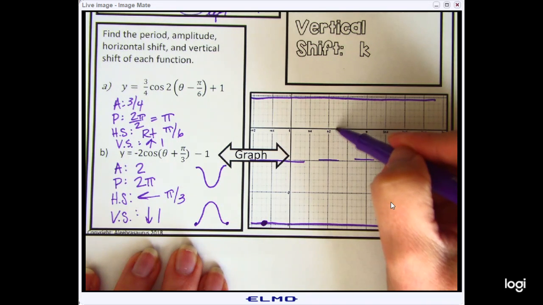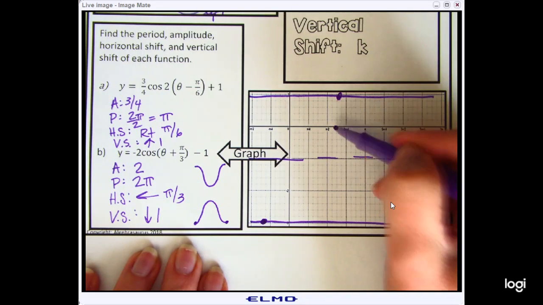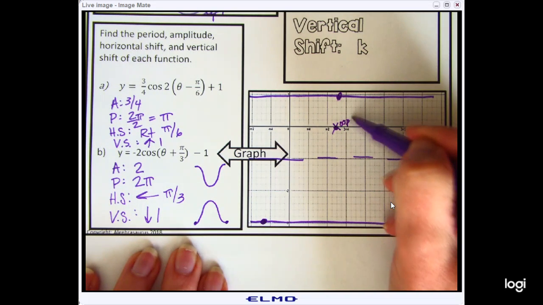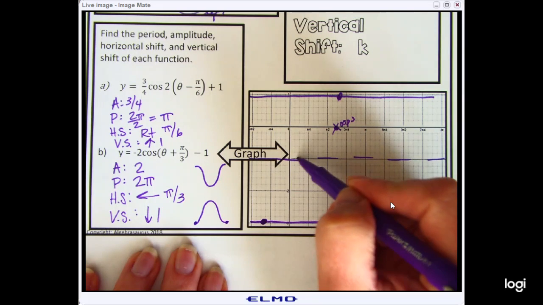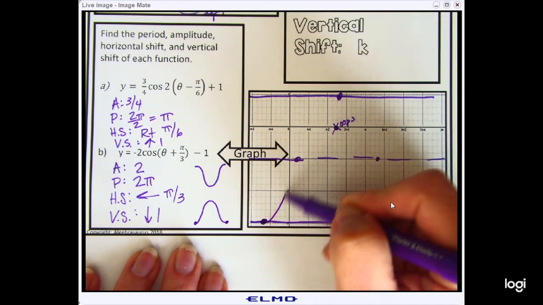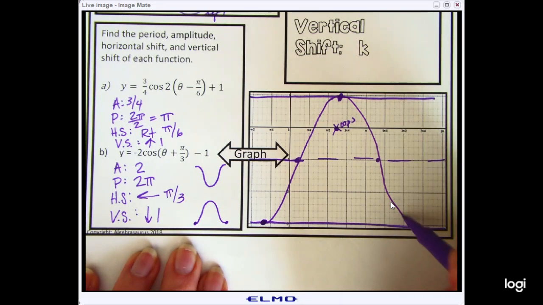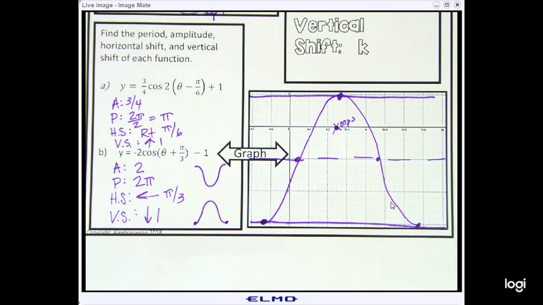Split that in half, you'd be at your peak. Whoop, our peak's clear up here. And then between those, you'd be back at midline. And when I show you your homework on your ALEKS, I'll show you how we can split that, because they make the tick marks very, very friendly.